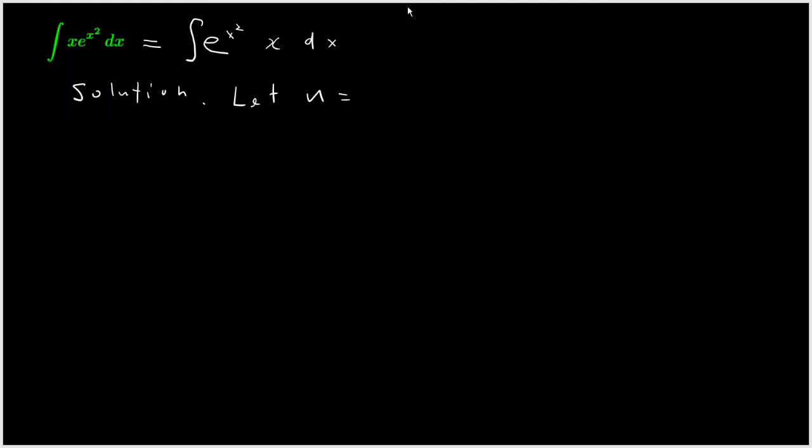X squared is good. Yeah, we choose u to be x squared. So why do we choose u to be x squared? After choosing u to be x squared, one factor, the underlined factor, will become e to the power of u. So that makes sense. And we know the antiderivative of e to the power of u.